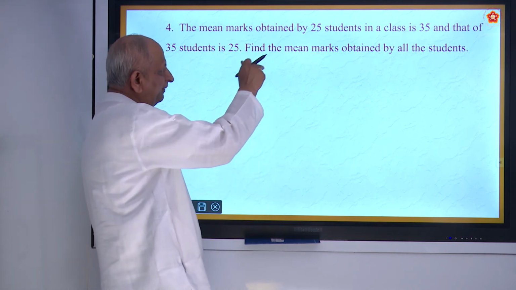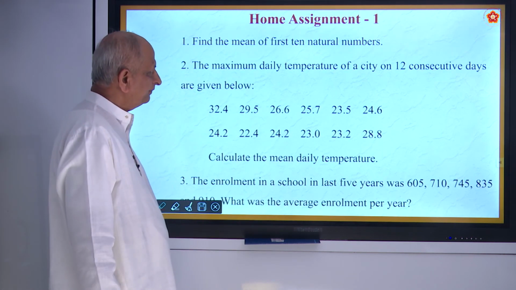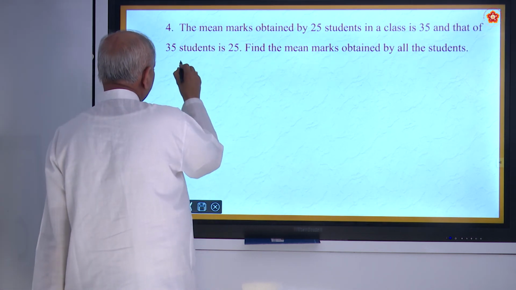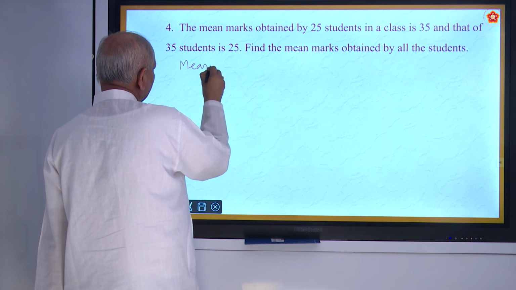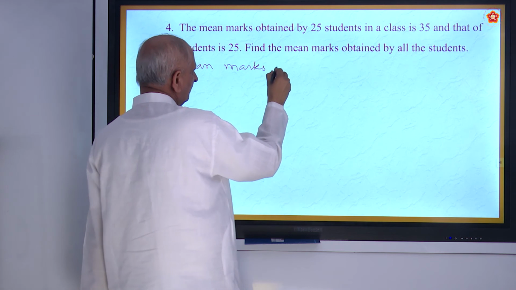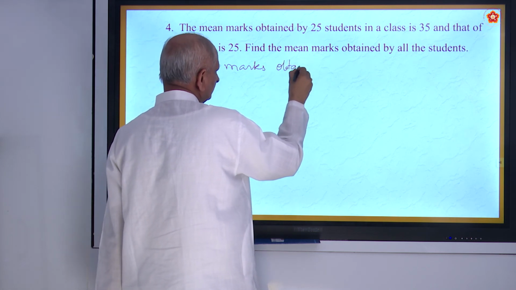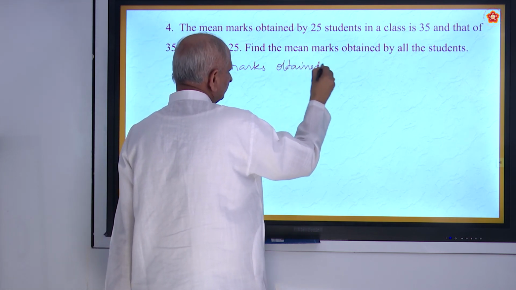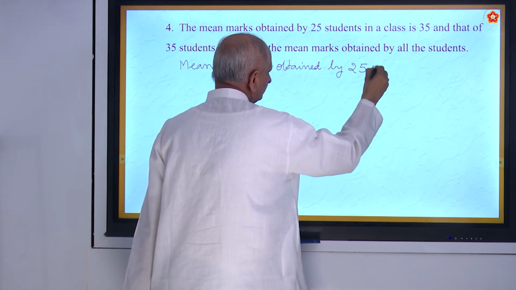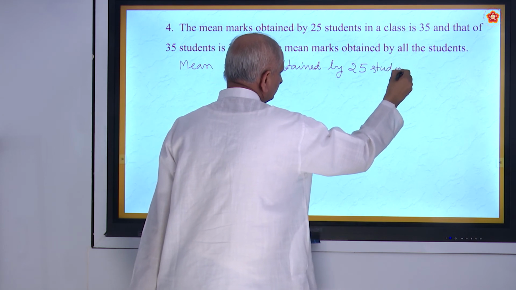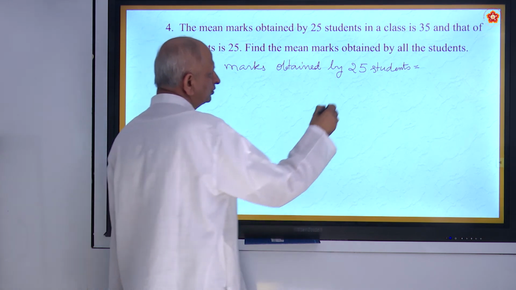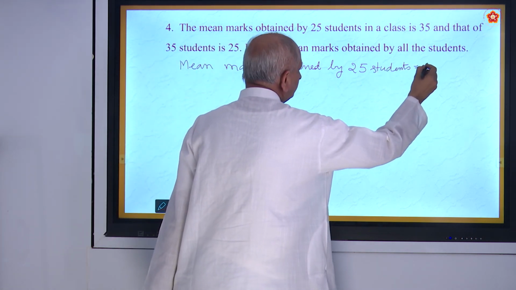So 25 boys scored 35, and so we will write: mean marks obtained by 25 students is equal to 35.